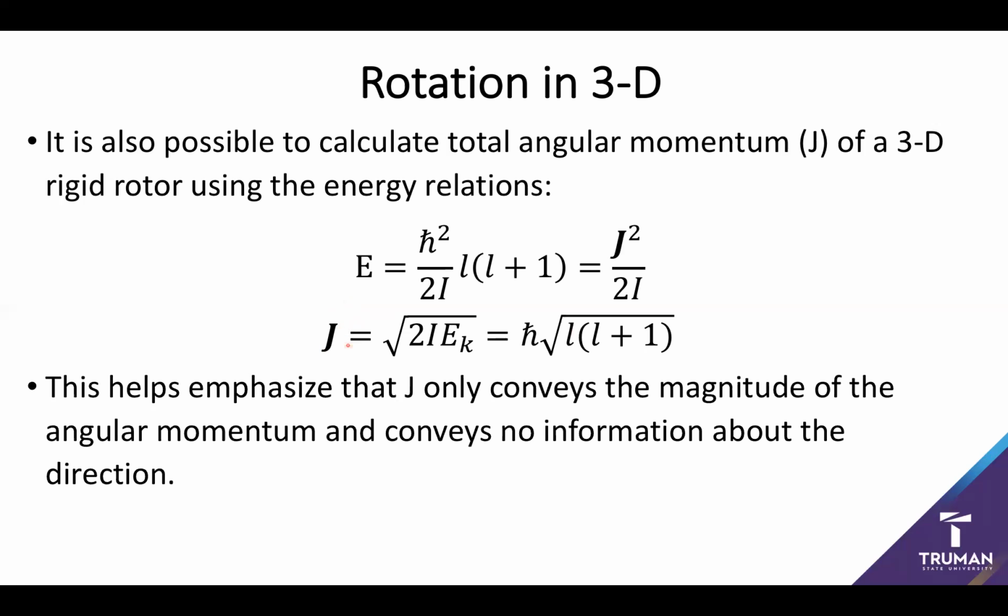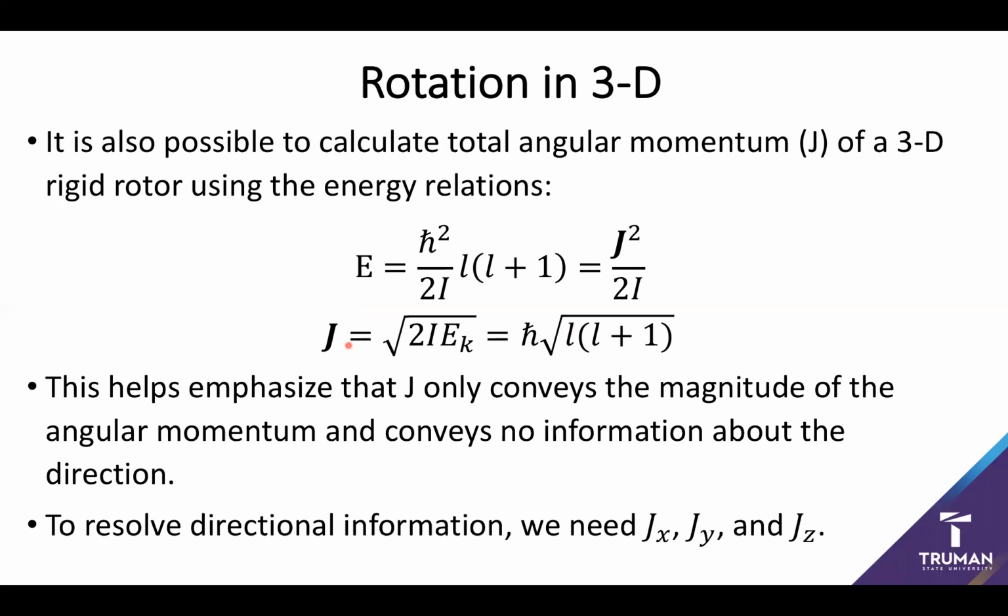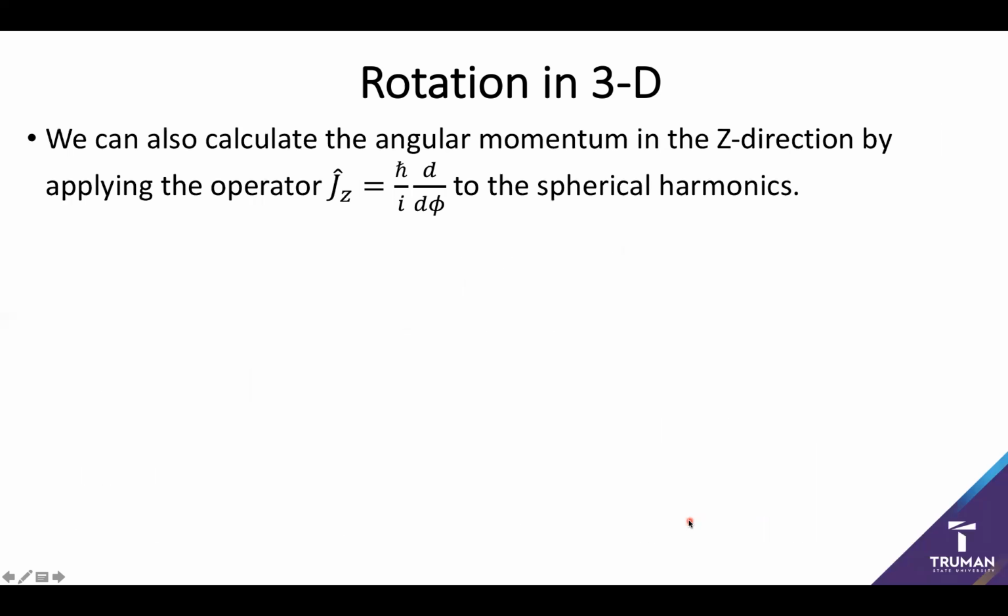But again, speed, no direction to the movement. In order to get any directional information, we actually need to take a step back to our two-dimensional operators. But the issue is that now we have, instead of just our good old JZ with the angular momentum about the z-axis, since I can move in the z direction, I can move in the yz direction and have angular momentum in the x-axis, or I can move in the xz direction and have angular momentum in the y direction.